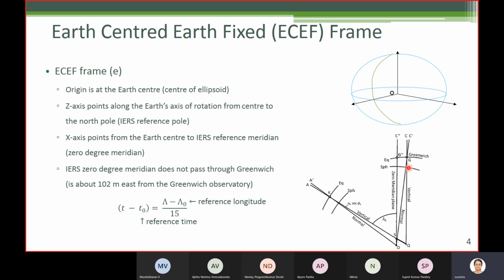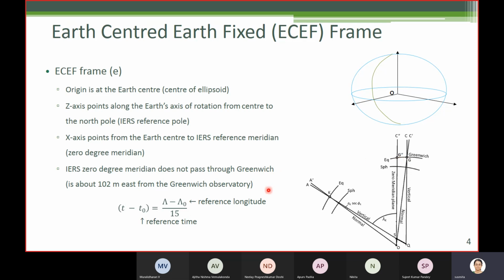So the same line at the Greenwich Observatory is just shifted to make it pass through the Earth center. And it intersects the Earth surface at this point, which is taken as the 0 degree reference longitude. And this distance is about 102 meters.